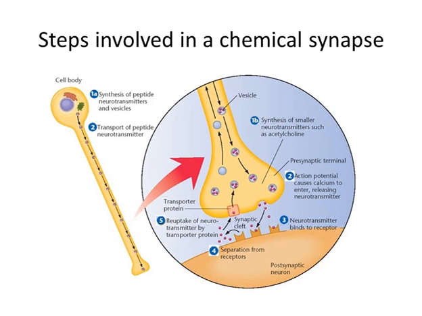The first step is the synthesis step. The neuron makes the chemicals that serve as neurotransmitters. It synthesizes the smaller neurotransmitters in the axon terminals and the larger peptide molecules in the cell body. The neuron synthesizes its neurotransmitters from precursor molecules derived from foods.